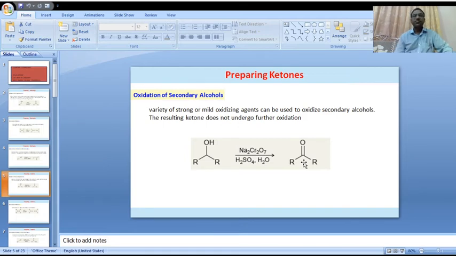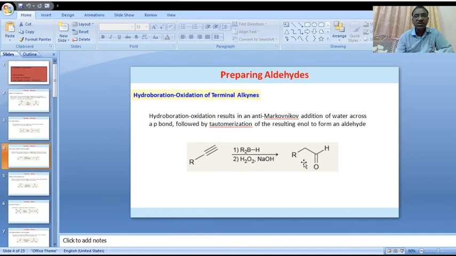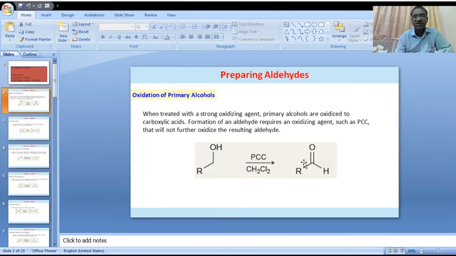Next, preparing ketones. Oxidation of secondary alcohols. In the aldehyde preparation, generally we used primary alcohols.